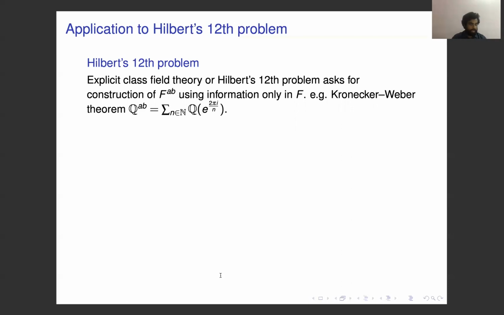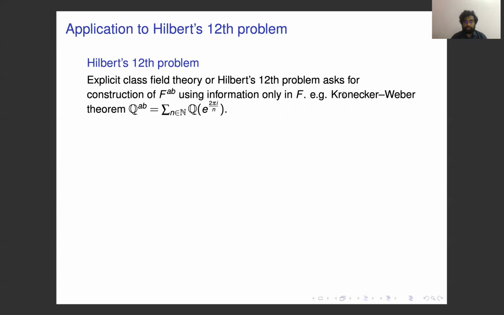So you want an explicit construction of F^ab and not just some information. Class field theory tells you the Galois group of F^ab over F in terms of data intrinsic to F, but we want an actual construction of F^ab.